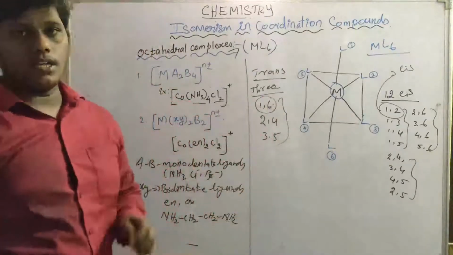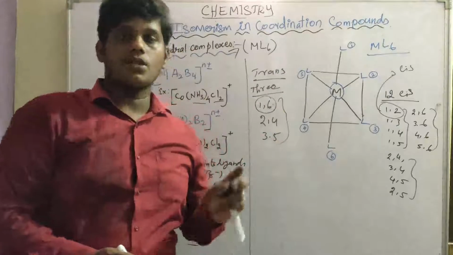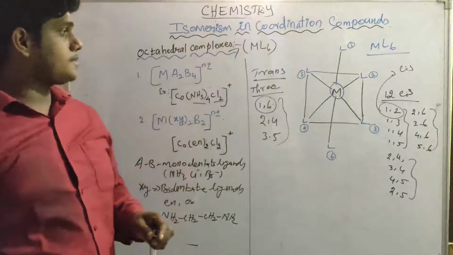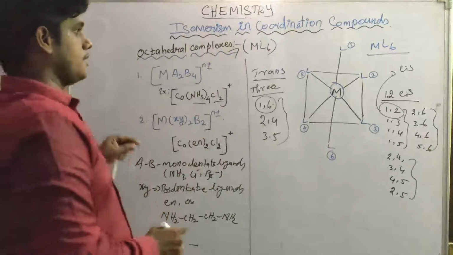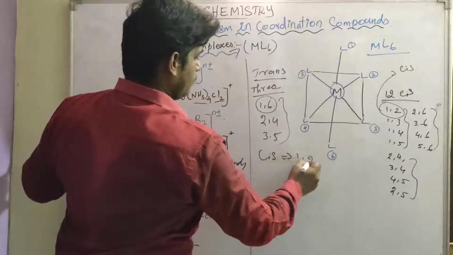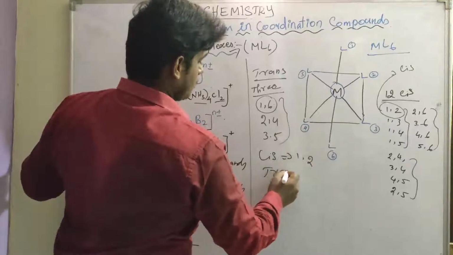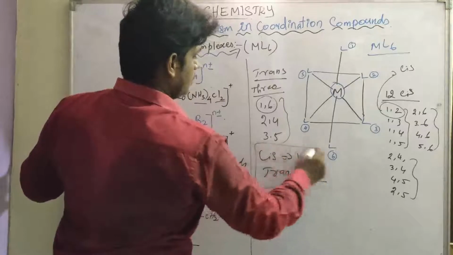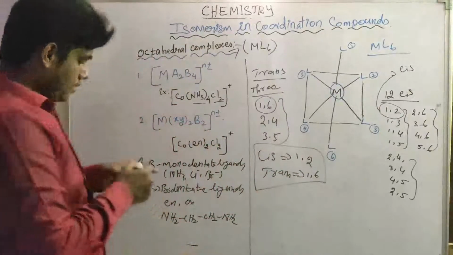So totally in the octahedral complex, 12 cis positions are present and 3 trans positions are present. So we take the simple ones: cis 1-2 position, trans 1-6. This is the main point for the octahedral complex.